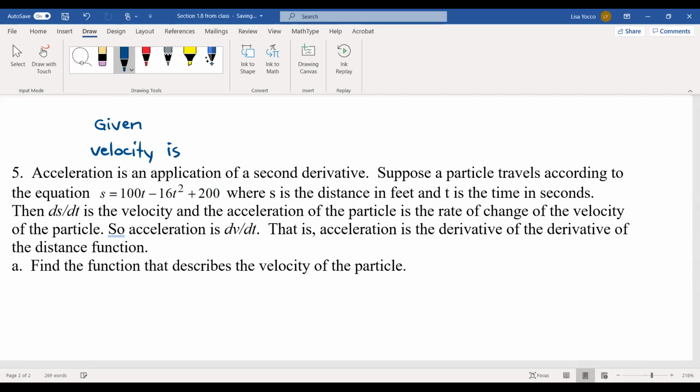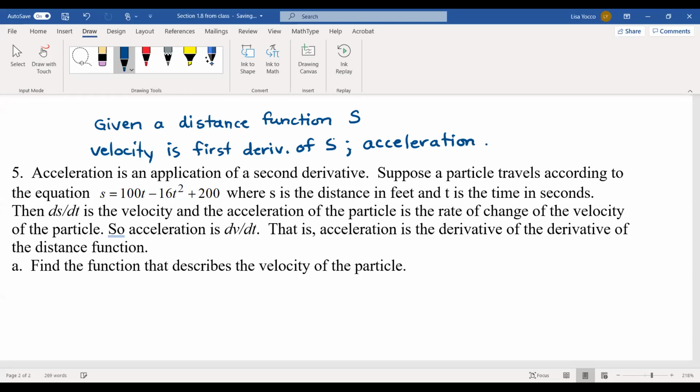Let's say given a distance function, and I think we call it S. Velocity is the first derivative of S. And acceleration is the second derivative of S. I think that's what it says in there, but that just kind of cuts to the chase.